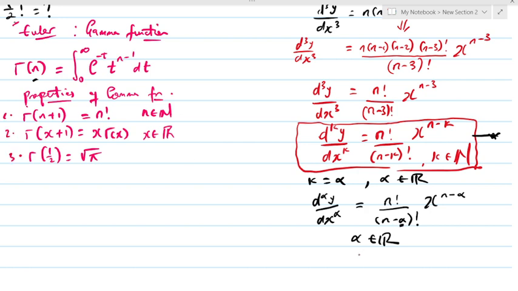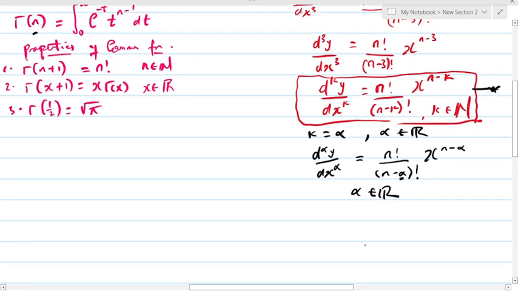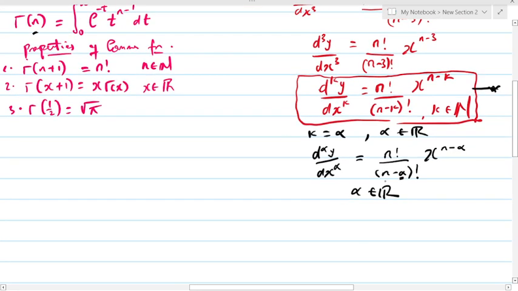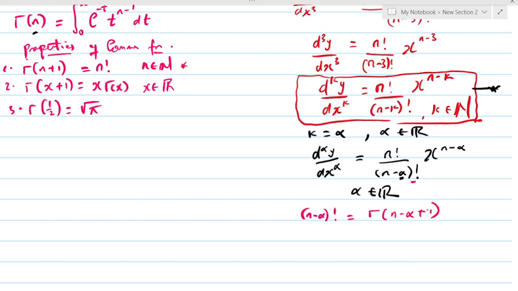So if we substitute this fraction combination, n minus alpha factorial, into the first property, that means we are going to have gamma of n minus alpha plus 1. So we take it back to our equation.